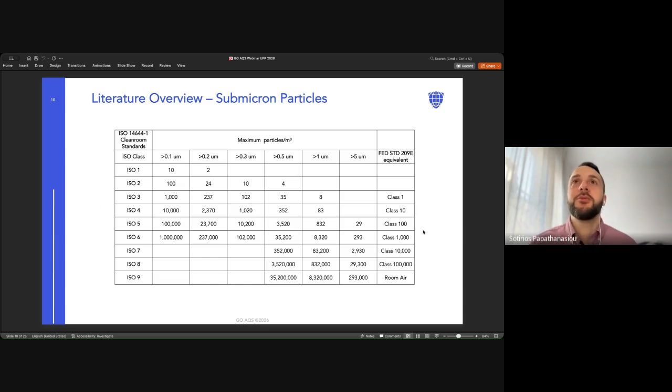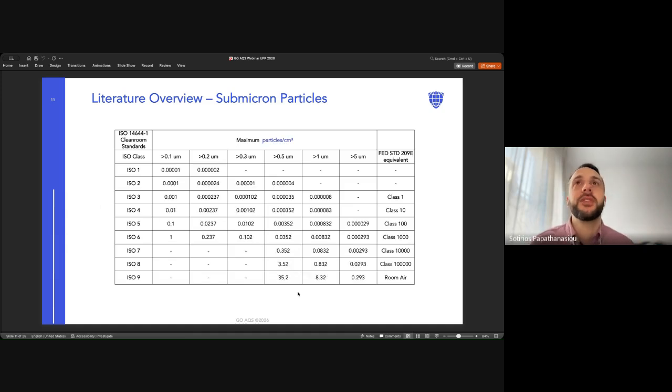For 0.3 and 0.5 micron particles, they say that they shouldn't surpass specific limits. So I was thinking, what if we take the same logic and apply it to indoor environments like apartments and so on?